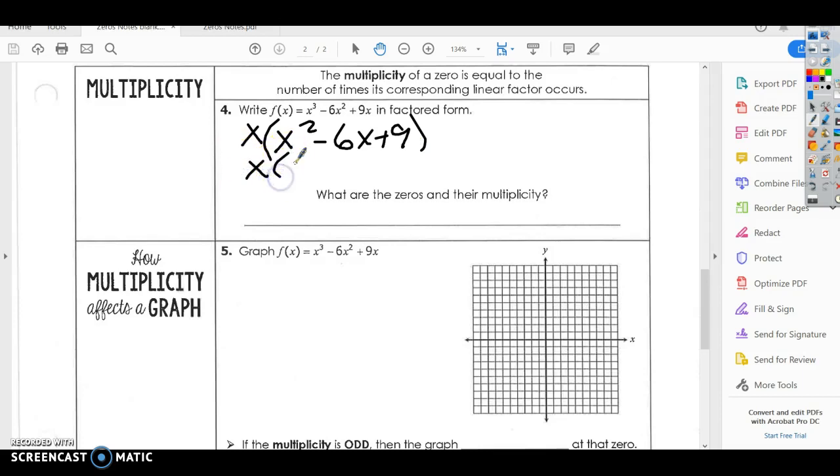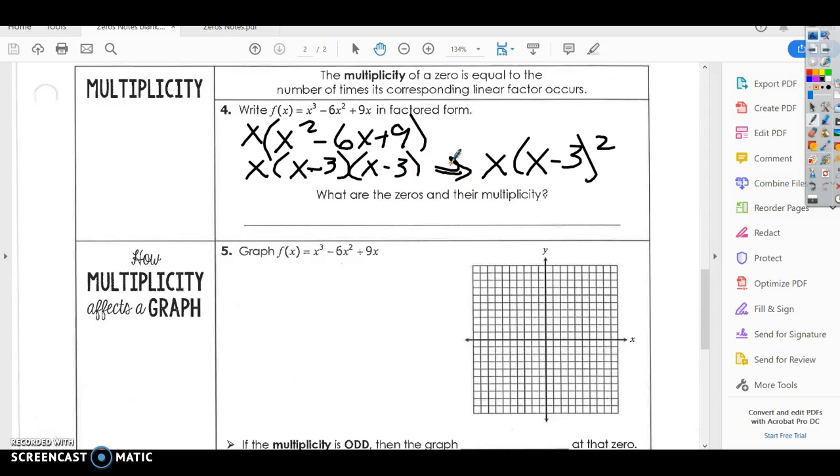So I'm going to have x minus 3 and x minus 3. So we have x times (x minus 3) squared. Those two things are the same, just written in a different way.